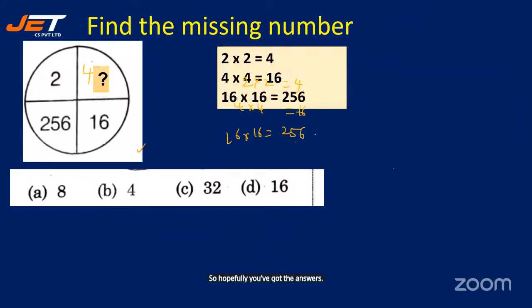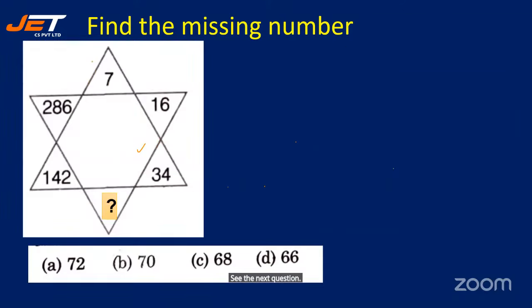See the next question. We have a swastik symbol where you have 7, 16, 34, question mark, 142 and 286. Right, now let's see how you're trying to get the connection. So you have 7 into 2, 14 plus, divided by 2.